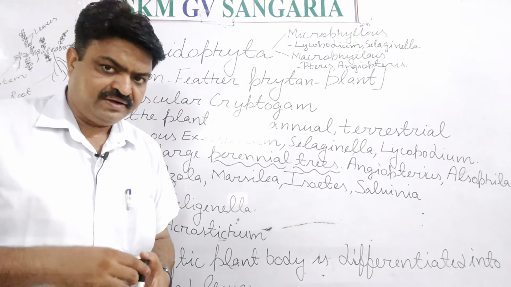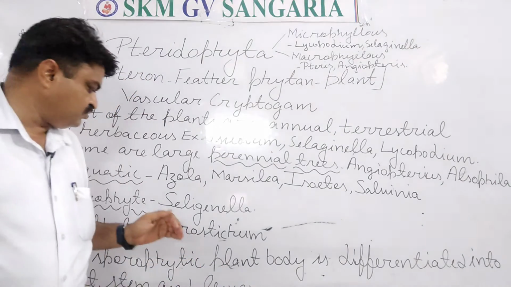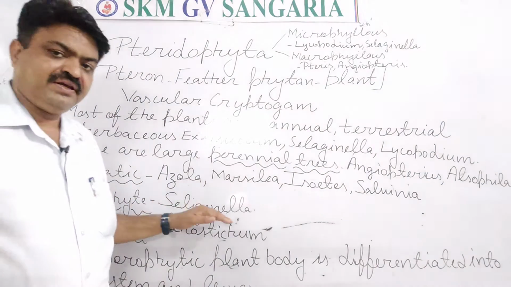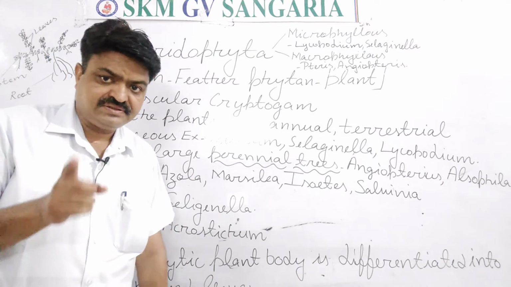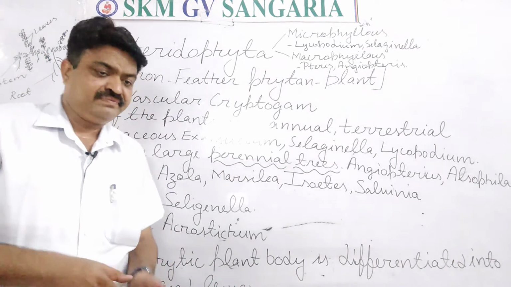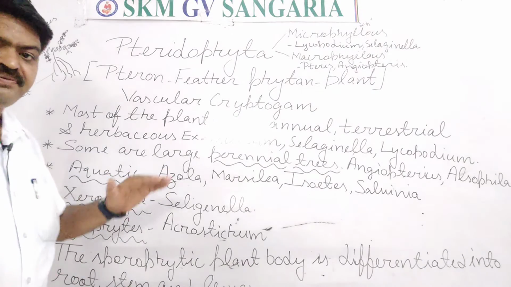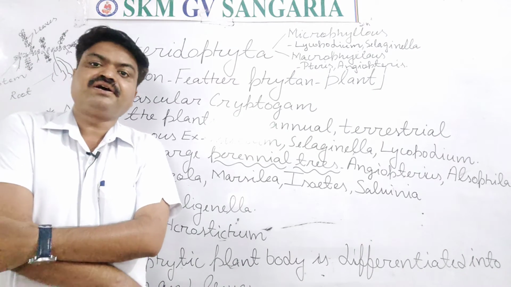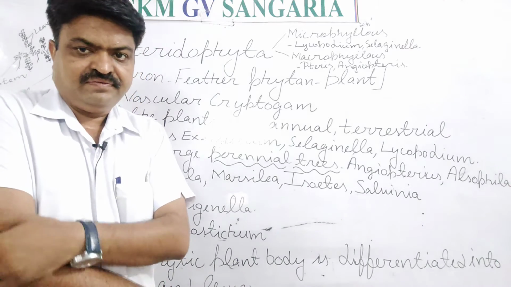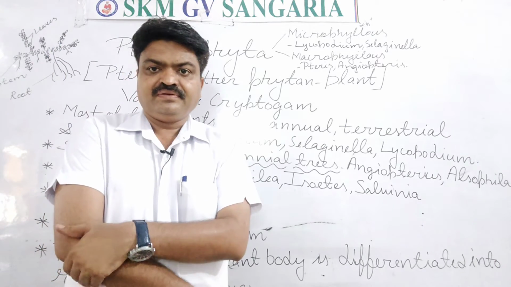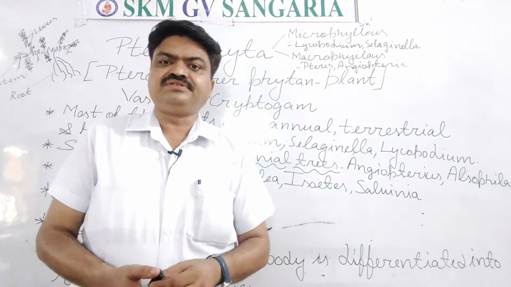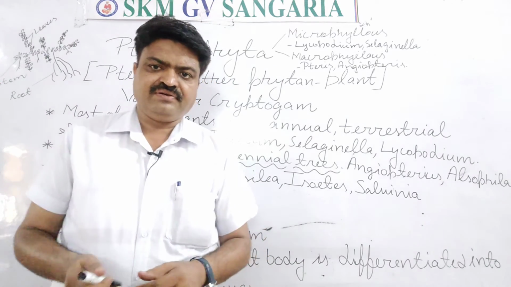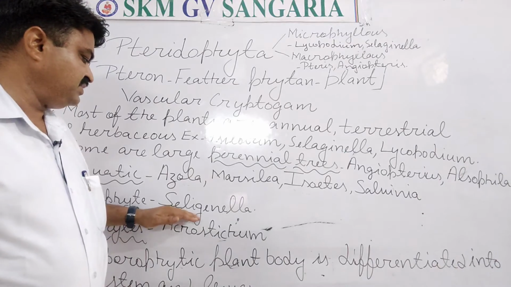The example is Selaginella. Selaginella is the example of a xerophyte pteridophyte. One question may come in your exam: which plant can be considered a xerophyte pteridophyte? What will you write? You will write Selaginella.